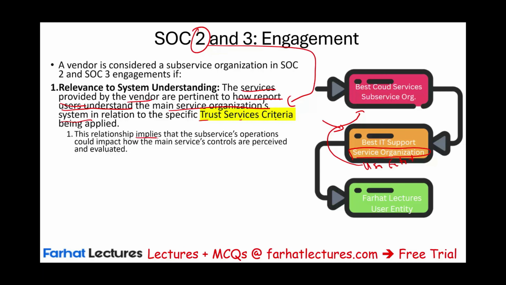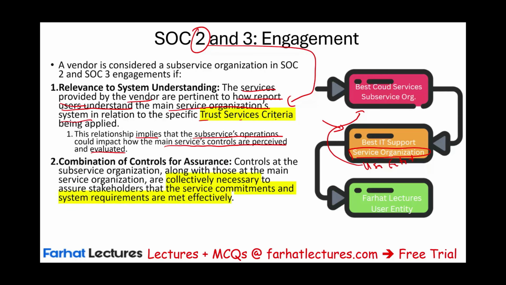This relationship implies that the subservice operation could impact how the main service controls are perceived and evaluated. So really, we cannot understand the Best IT Support trust services criteria until we understand Best Cloud Services.